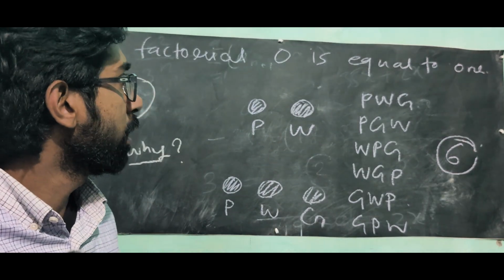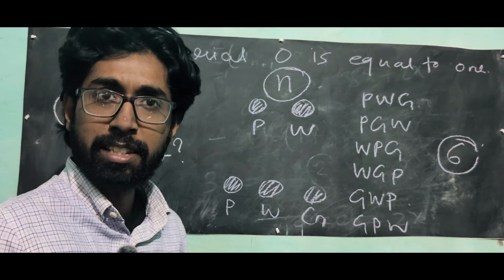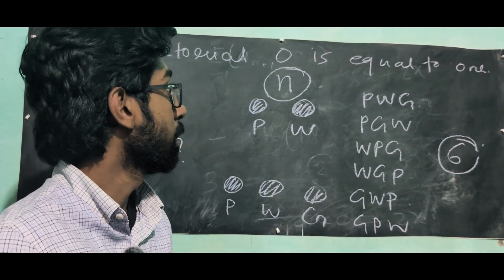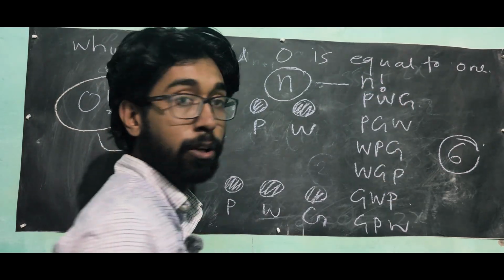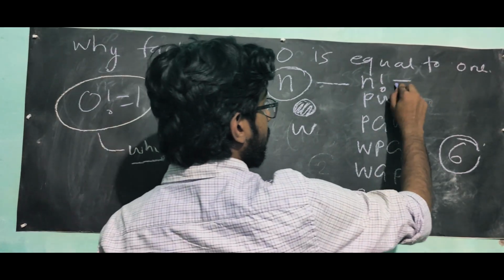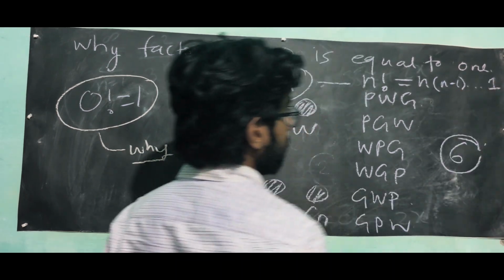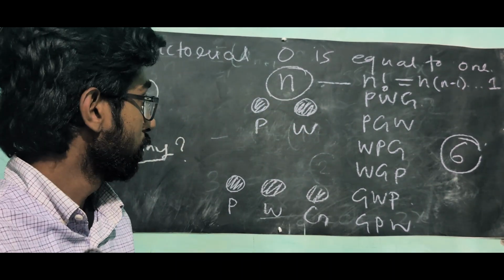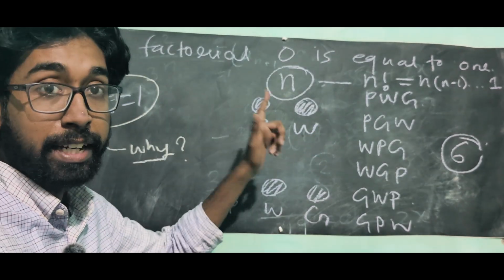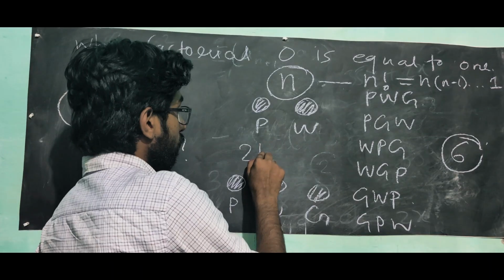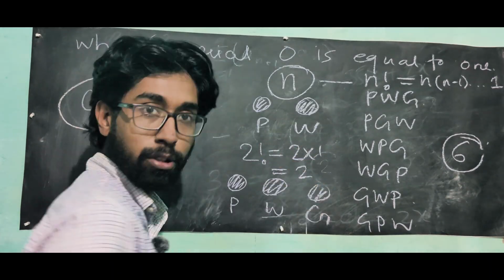In how many ways can I arrange n objects? That is the question. And you will be surprised that the answer is nothing but n factorial, which is n times (n minus 1) and so on down to 1. For example, we saw that with two objects we get 2, so 2 factorial is 2.